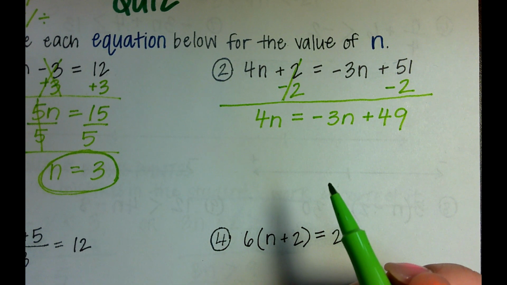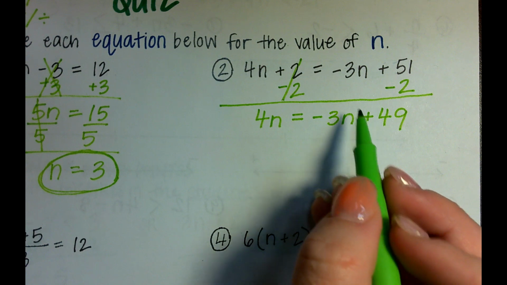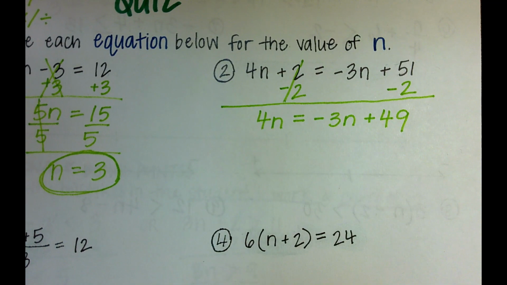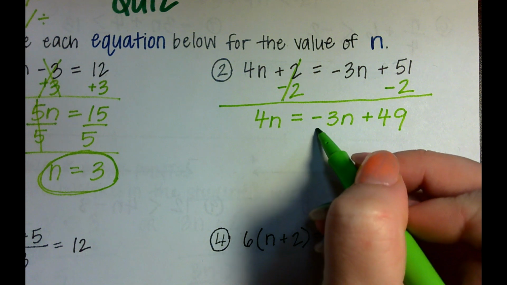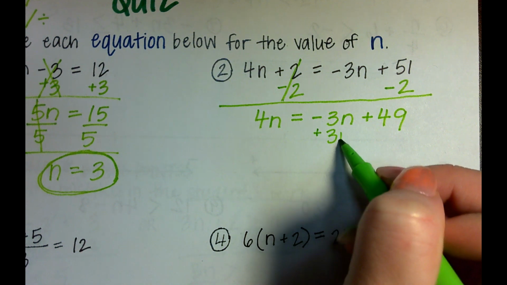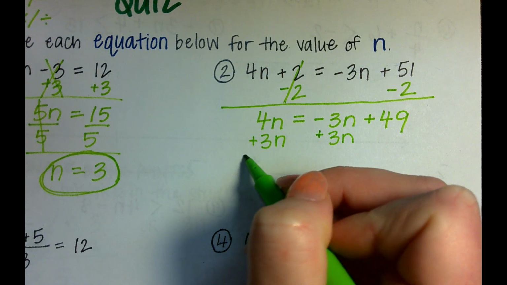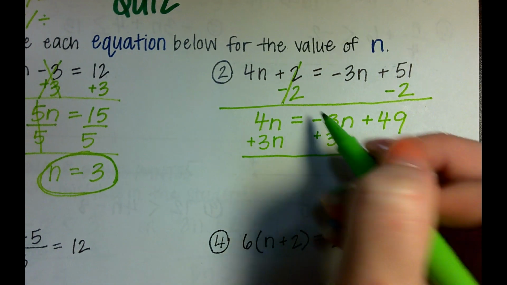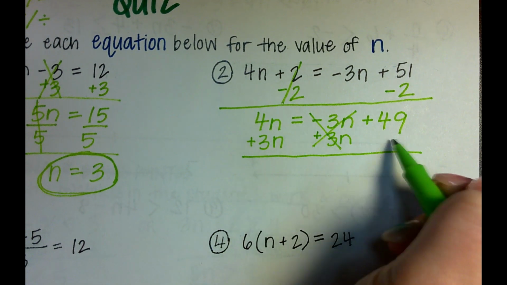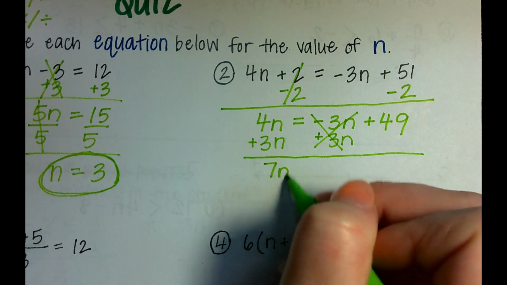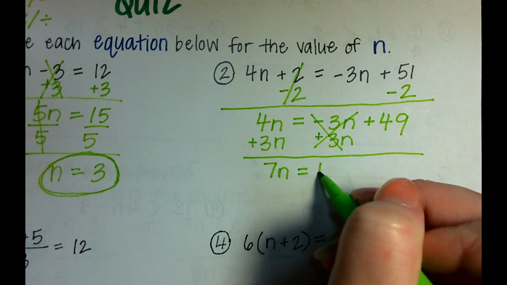We can add 3n to the 4n. Yes, here's where it gets tricky. We need to make sure that we have our variables all on the same side. So we're going to add 3n to both sides. Yes, that way it cancels over here. No more n's on this side. 7n equals 49.